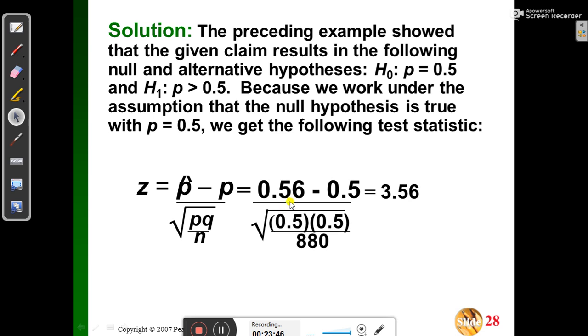Here 0.56 is our actual sample proportion, and our null hypothesis proportion is 0.5. So you can use this, and the z value is 3.56.